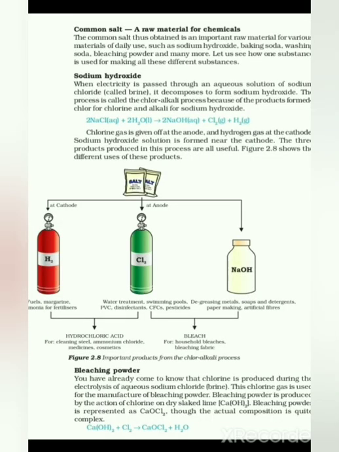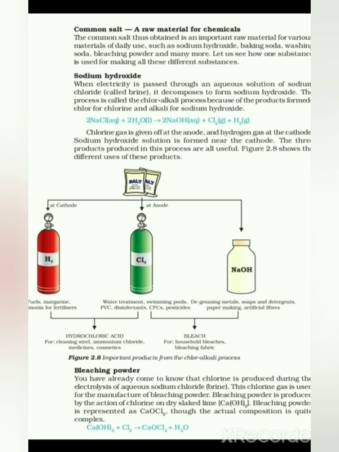Just now we learned about the chlor-alkali process, in which we can obtain hydrogen gas, chlorine gas and sodium hydroxide. Now this chlorine gas, which is produced during electrolysis of aqueous sodium chloride, that is brine, is used for the manufacture of bleaching powder.